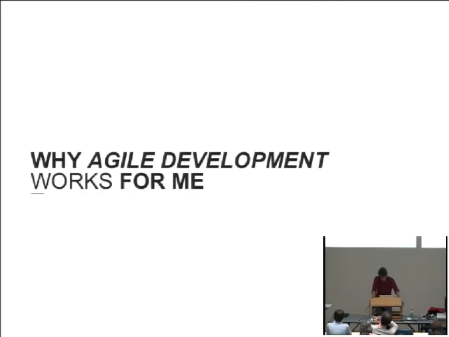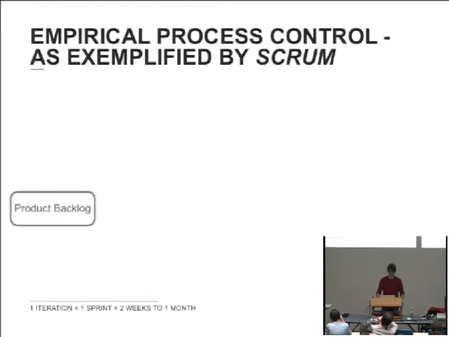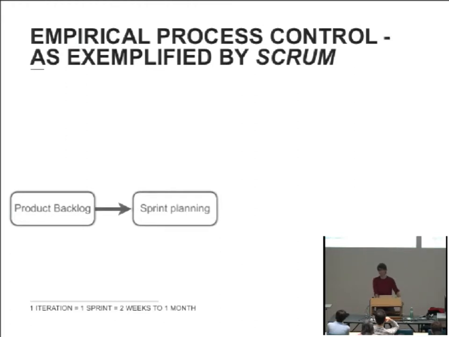So why does Agile actually work for me? Agile, as I said, is built on this empirical process control. And I can tell you how this works using the example of Scrum, which is one of the Agile methods. So basically, in Agile, you start with a product backlog, which is a list of things that you want to build. You take a couple of things from that backlog into the sprint planning, and you say, OK, let's start with these couple of things right here.